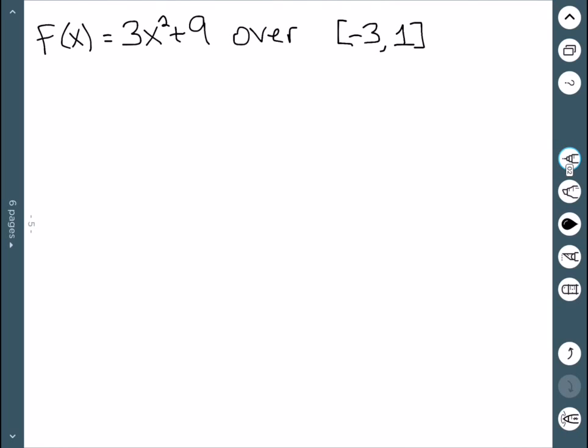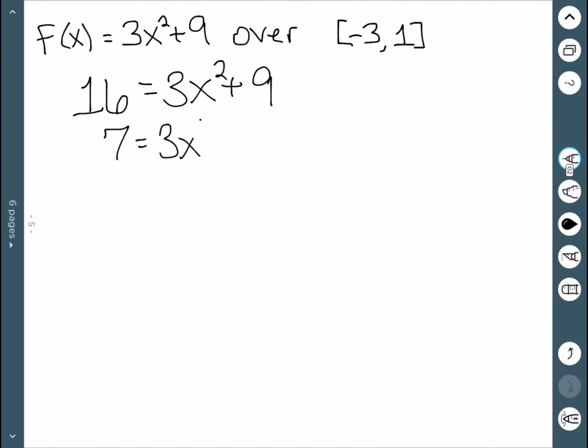For example, we looked at this function, 3x squared plus 9 over the interval negative 3 to 1, and we found that the average value was 16. So there is some point in the interval negative 3 to 1 where this function actually hits the point 16. So we can set the function equal. Subtracting 9 from both sides gives me 7.